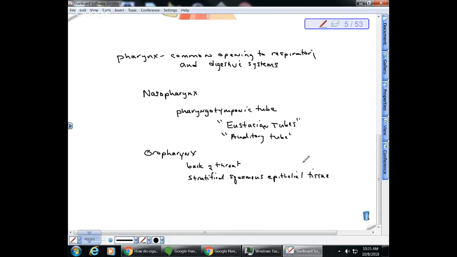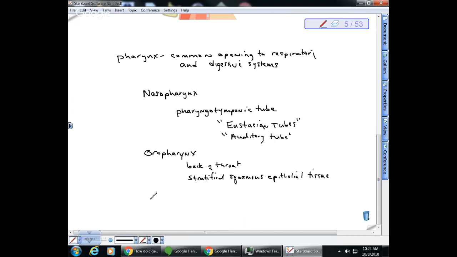In the back of the throat, when we're swallowing food, sometimes it scratches the back of the throat. So it would be really bad to have a simple layer of epithelial tissue. We need to have stratified so that it doesn't bleed, right? It protects against friction.